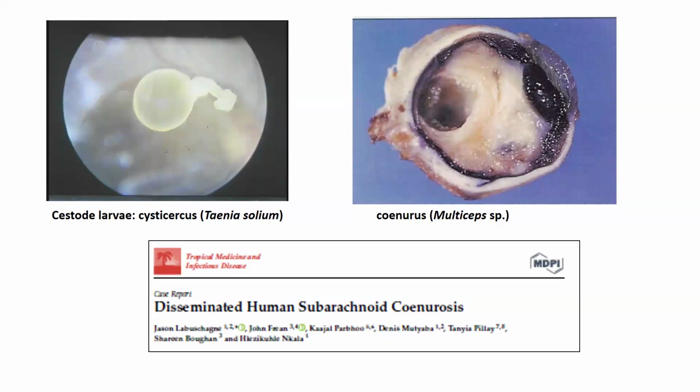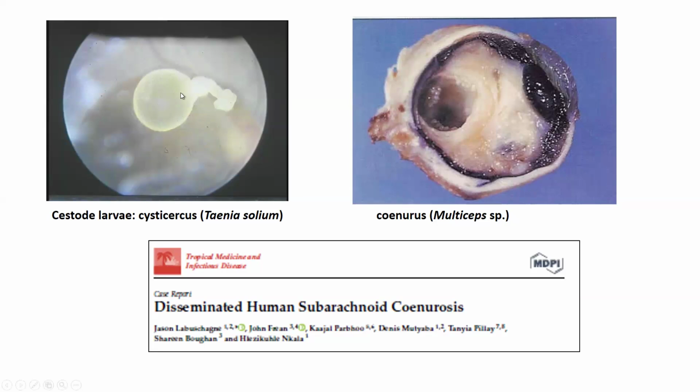Another cestode parasite which commonly affects the eye is Taenia multiceps and related species, and that forms a coenurus, which has a different structure to a cysticercus, with its one invaginated scolex.